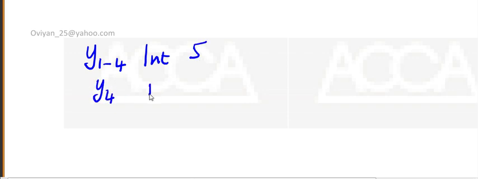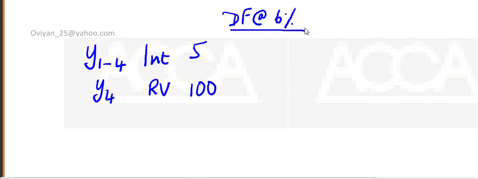Year 1 to year 4, you're going to get interest, which is going to be $5. Year 4, you're going to get a whole lump sum at par value or face value of 100. The discounting factor is going to be 6%. Now if it's going to be 6%, then you use your annuity factor table or your calculator or the formula.